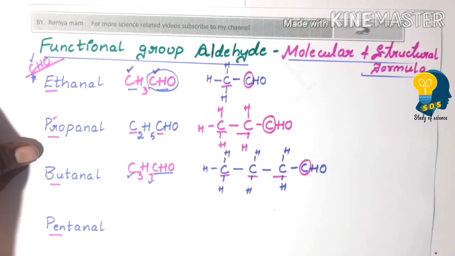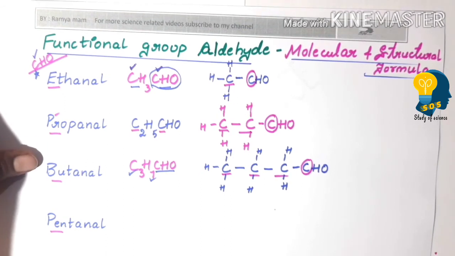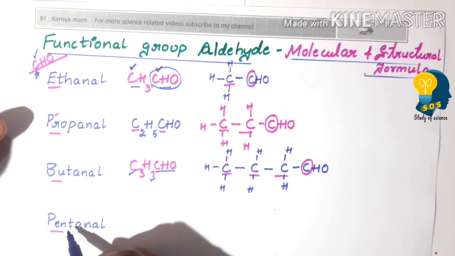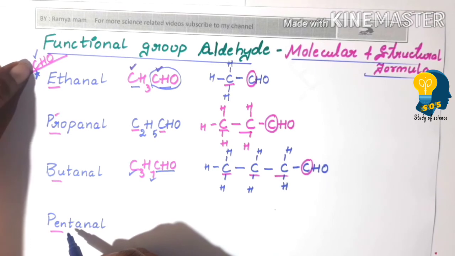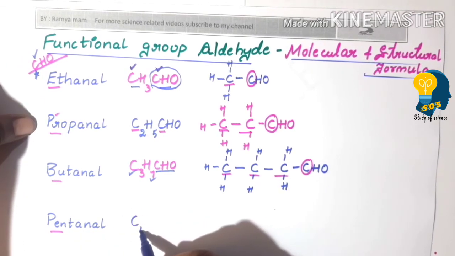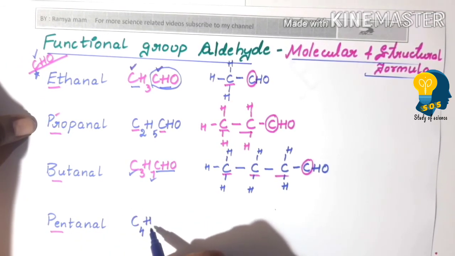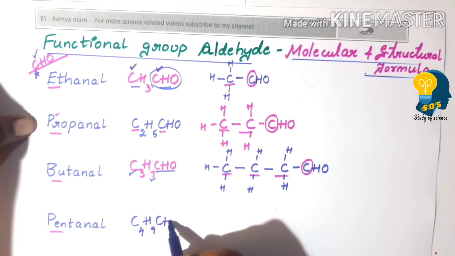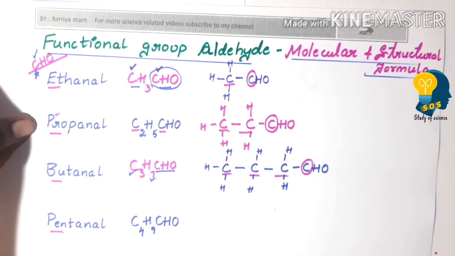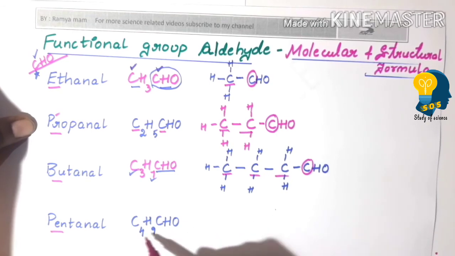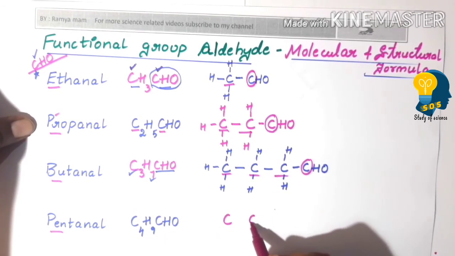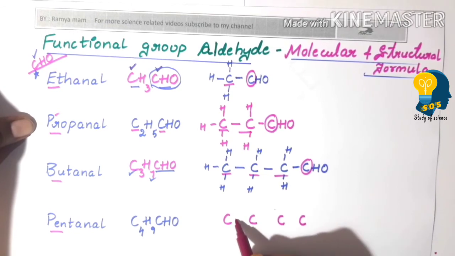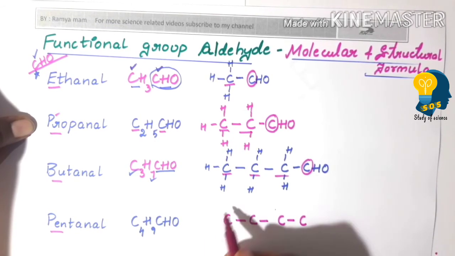Moving to the next one, that is pentanal. Pent means totally 5. Out of 5, 1 carbon is in the functional group. So the molecular formula is C4H9CHO. By looking at the molecular formula, let us write the structure. C4: 1, 2, 3, 4, with single bonds between the carbon atoms.